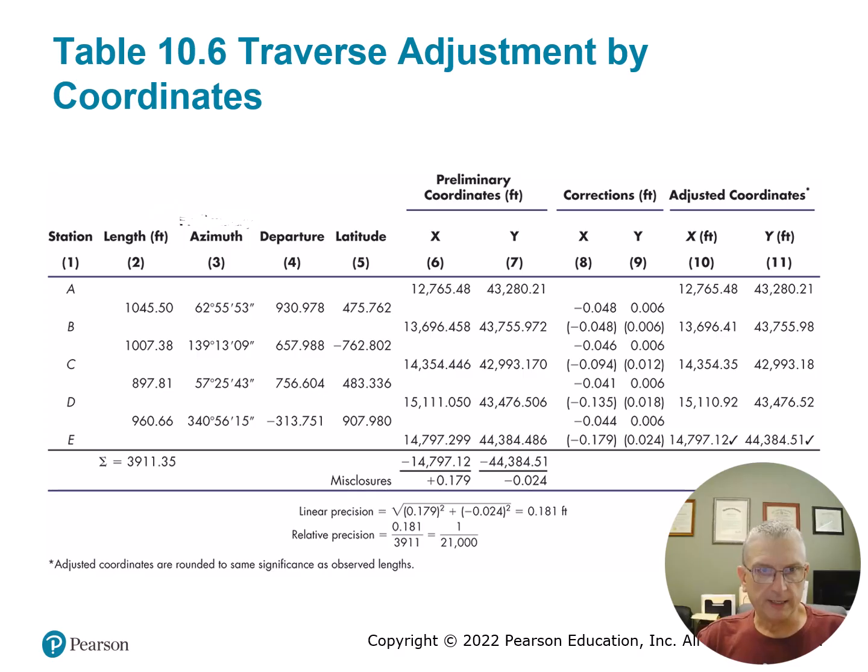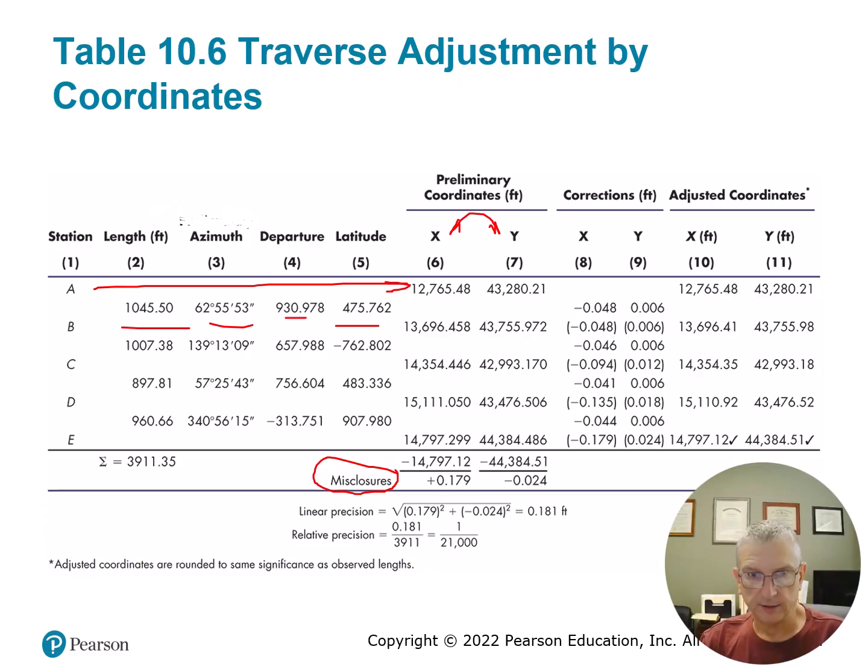Again, going right back to, we got the length, got the azimuth, compute the latitude, the departure. A is at these coordinates, and then you just add your latitudes and departures. They come around. They call it misclosure, which is another term for error. I like the word error. The book uses them both. The error in X or in east, and see they've got this reversed from how surveyors typically do it.